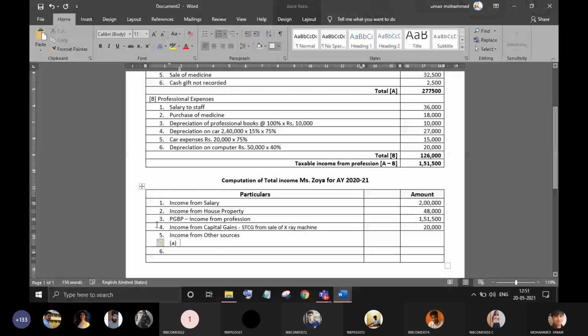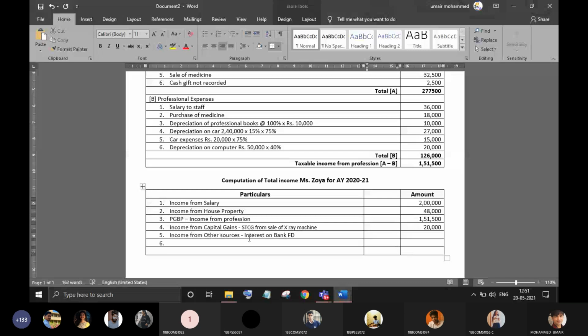Anything else? From other sources, no, there's only one. That is interest on fixed deposit. So probably write down here itself. Okay, so that's it. We are done with all the heads of income.